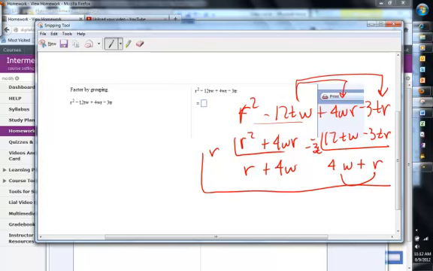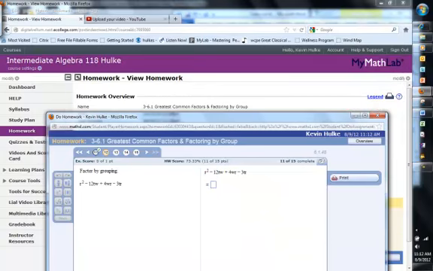So take an r plus 4w out front, and we're left with r minus 3t. r plus 4w, r minus 3t. Parentheses, r plus 4w, parentheses, r minus 3t.